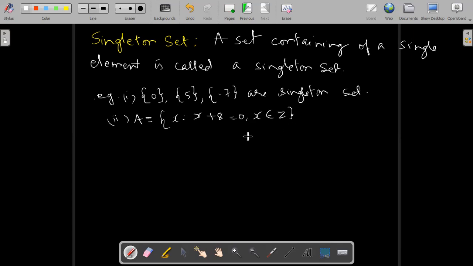So here you can see that x plus 8 equals 0, that means x will be equal to -8, and -8 belongs to the integers. So this will contain only one element, that is -8. So it is also a singleton set, because it has only one element.